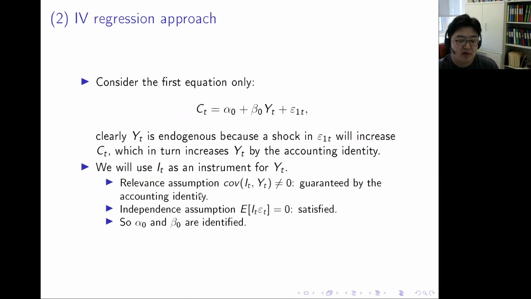I missed that condition here. But the independence assumption is satisfied by the assumption given in the question. So alpha and beta are identified by the result we learned in chapter 2.